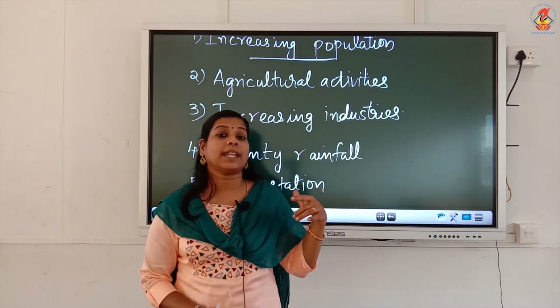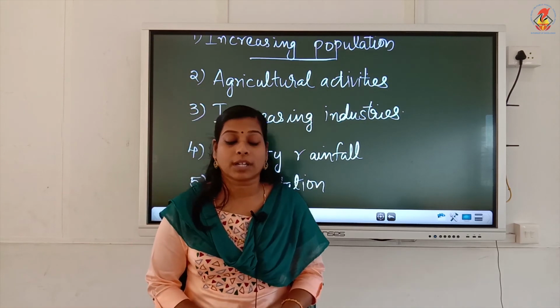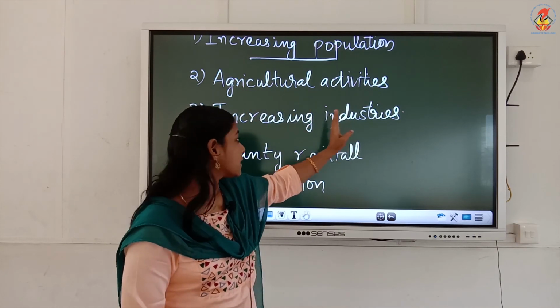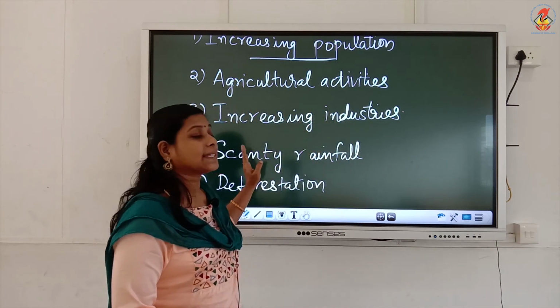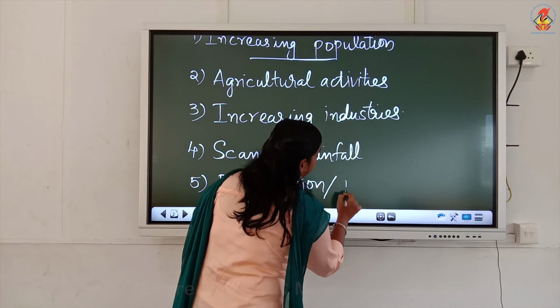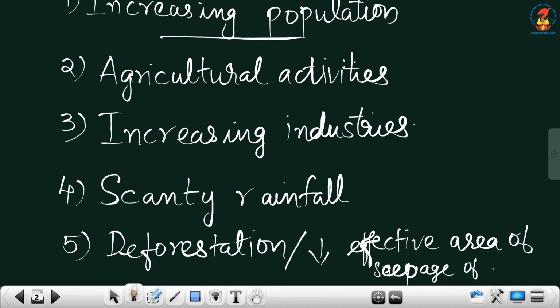So, today we have seen five factors which are responsible for the depletion of water table: increasing population, agricultural activities, increasing industries, scanty rainfall, and deforestation, along with the reduction in the effective area for the seepage of water.